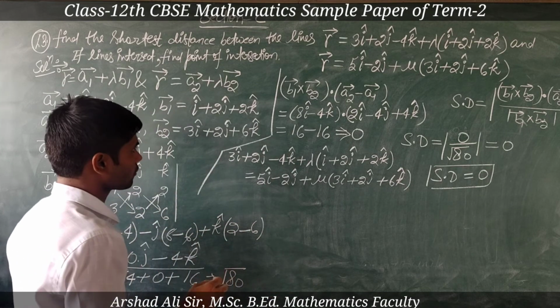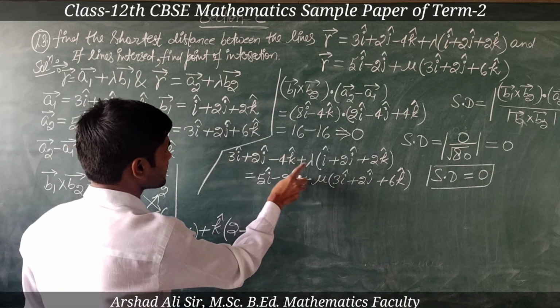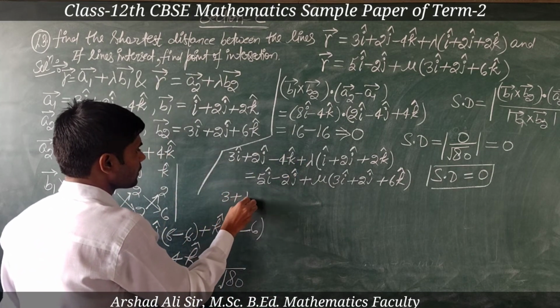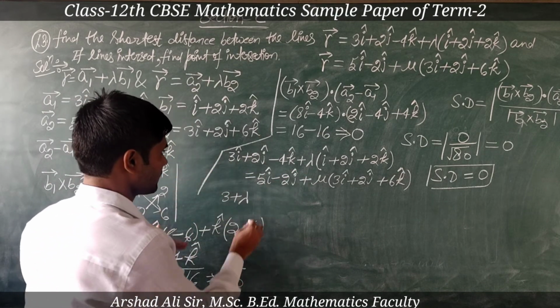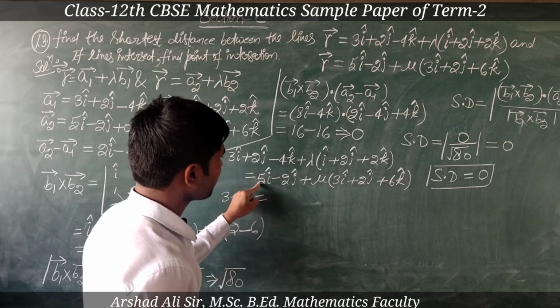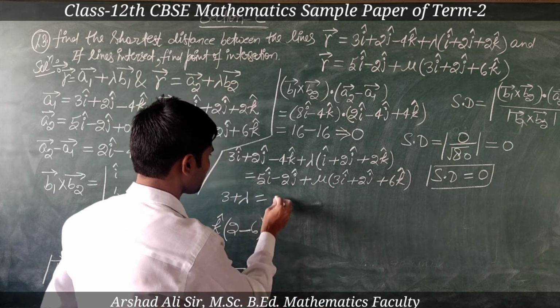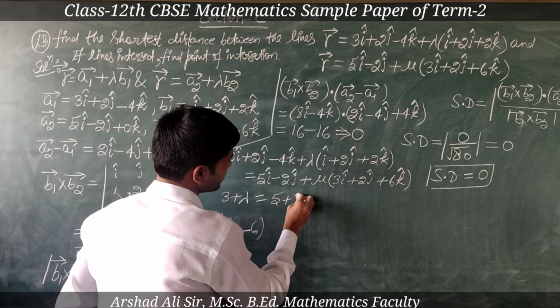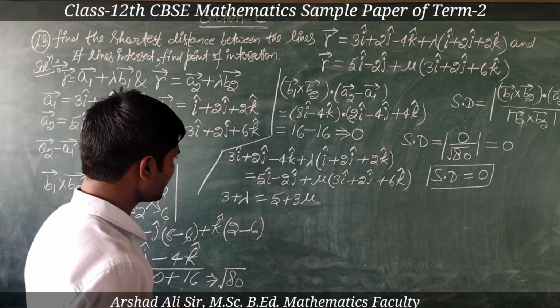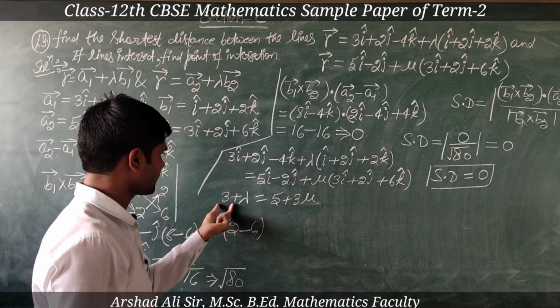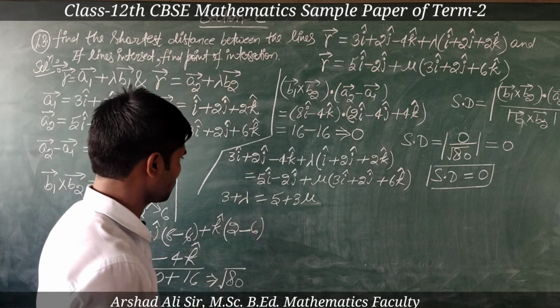Now we can compare the coefficients. 3 plus lambda is the coefficient of i on the left side, and 5 plus 3 mu is the coefficient of i on the right side. So we have the equation 3 plus lambda equal to 5 plus 3 mu.